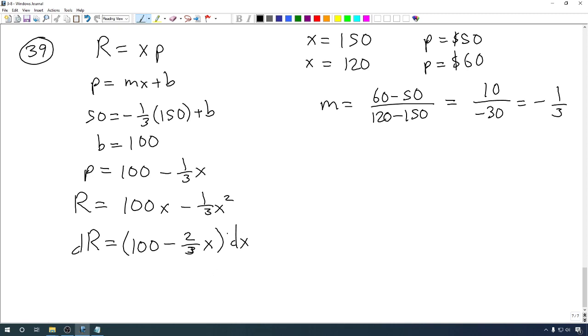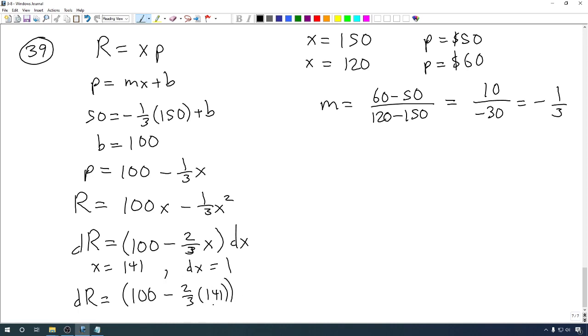That means we're changing X by 1. That means dx here is equal to 1. So X is 141, dx is 1. That means dr, if I plug those values in, we have 100 minus 2/3 of 141.